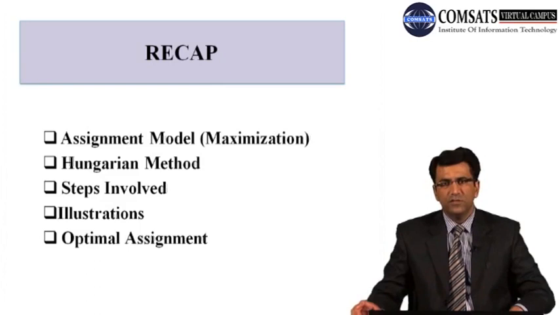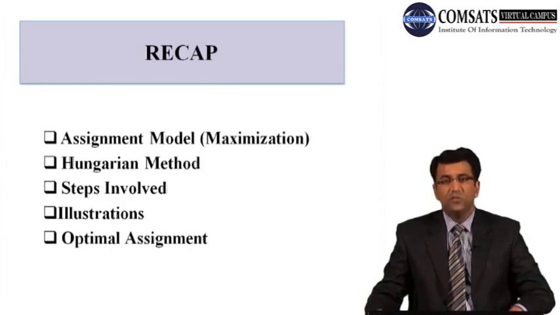We change the signs of all of these values, and thereafter all the steps remain almost the same. Only the first step is different from the process we adopted in case of minimization of cost.